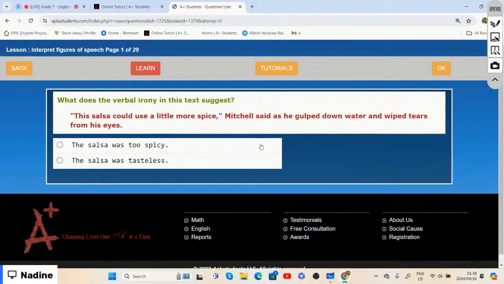What does the verbal irony within this text mean? It says, this salsa could use a little more spice, Mitchell said as he gulped down water and wiped tears from his eyes. So it's like being sarcastic.